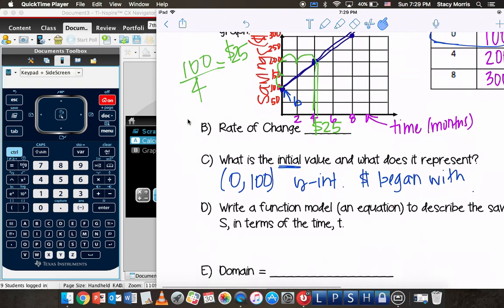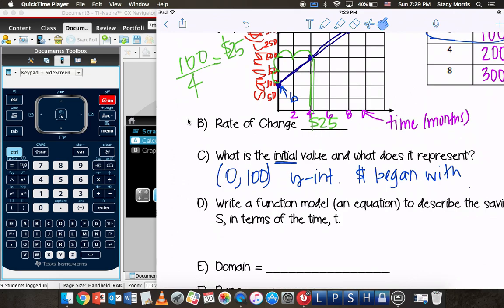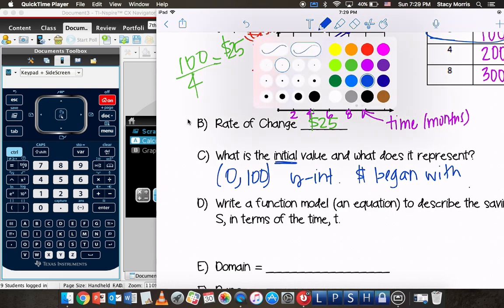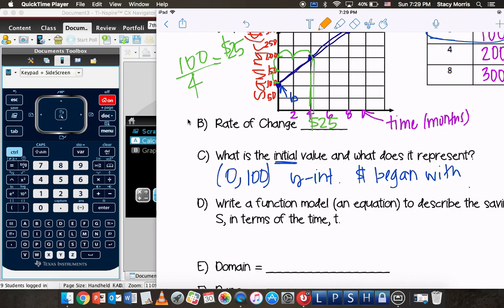All right, next question. Write a function model or an equation to describe the savings S in terms of the time T. Normally our equations are in y equals mx plus b, right? But this time they're asking us to use S for savings and T for time.